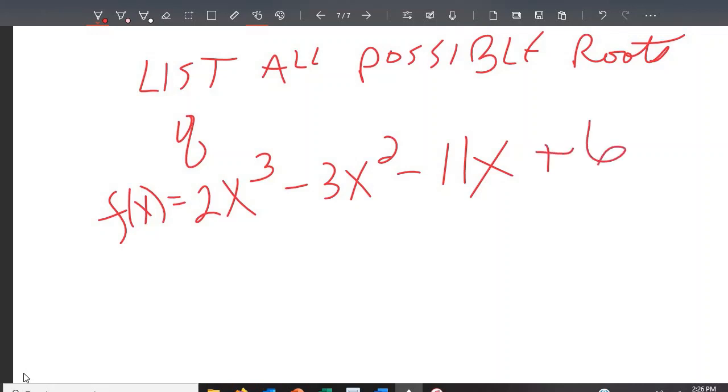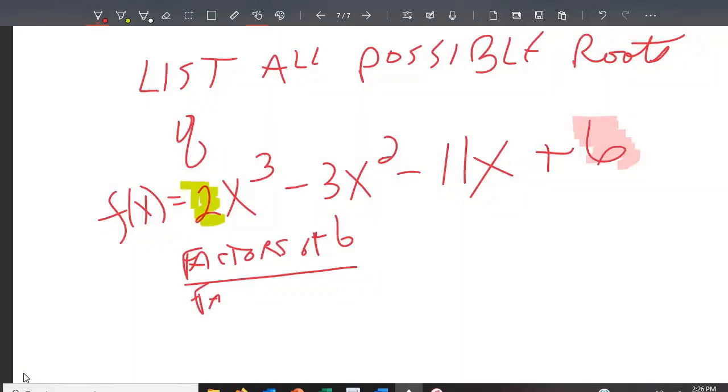Now, I'm only looking at the last number and the first number. I don't care anything about the -3 and the -11. You have to remember to put the factors of 6, the factors of the last number, over the factors of 2. So the last number goes on top and the first number goes on the bottom.